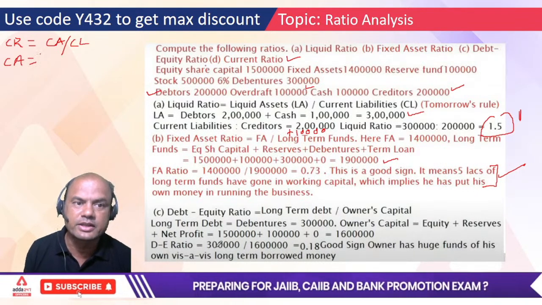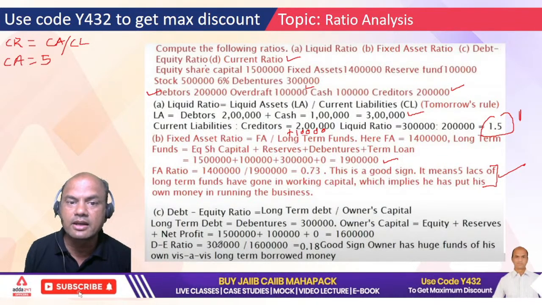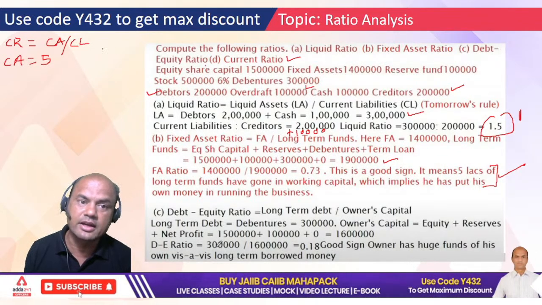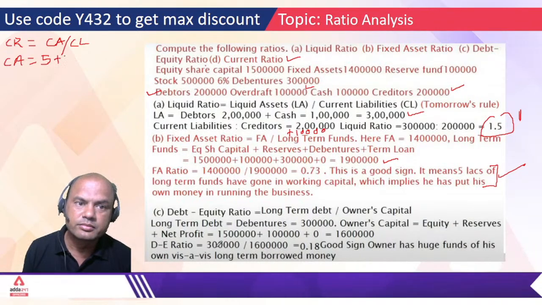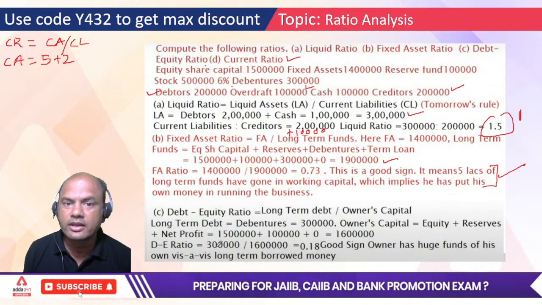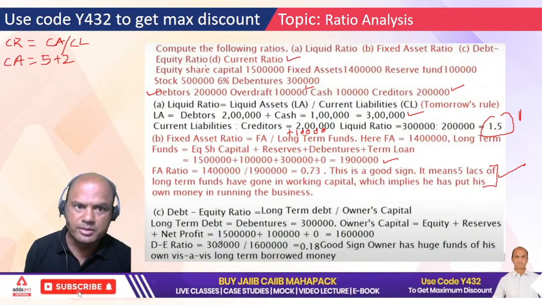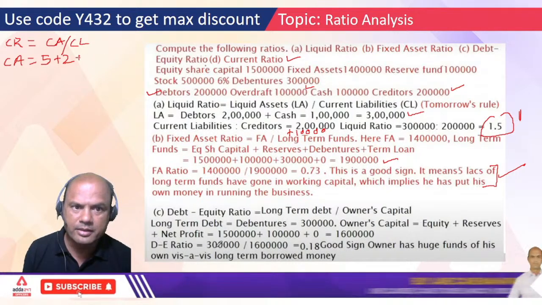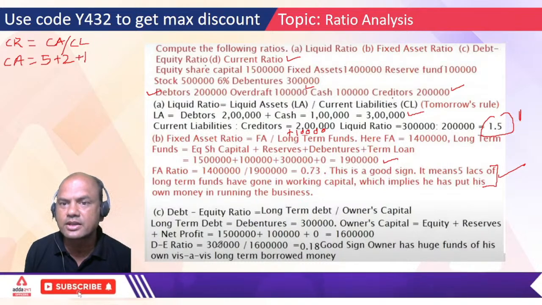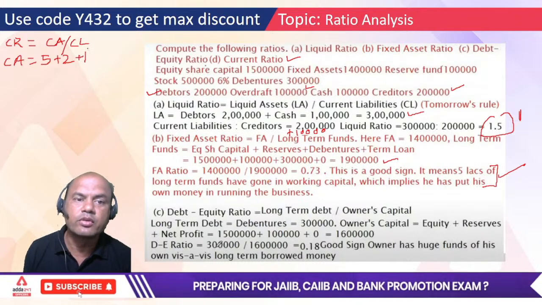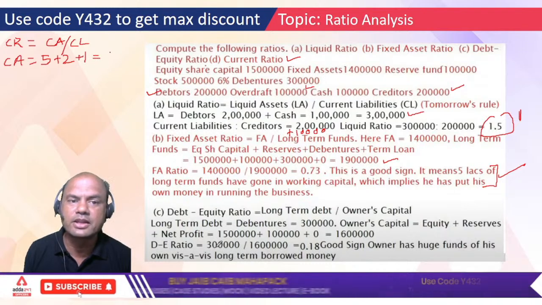Then debentures long term, debtors are again current assets, so plus 2. OD is a current liability. Cash, yes, so plus 1. Creditors is a liability. So 5 plus 2 plus 1, 8, right?